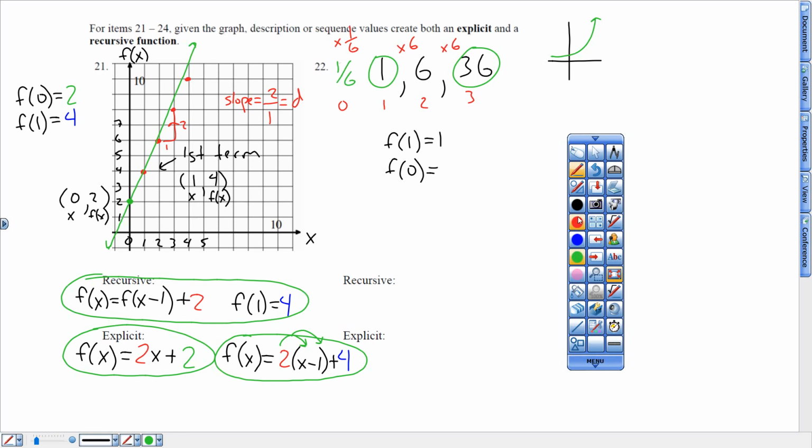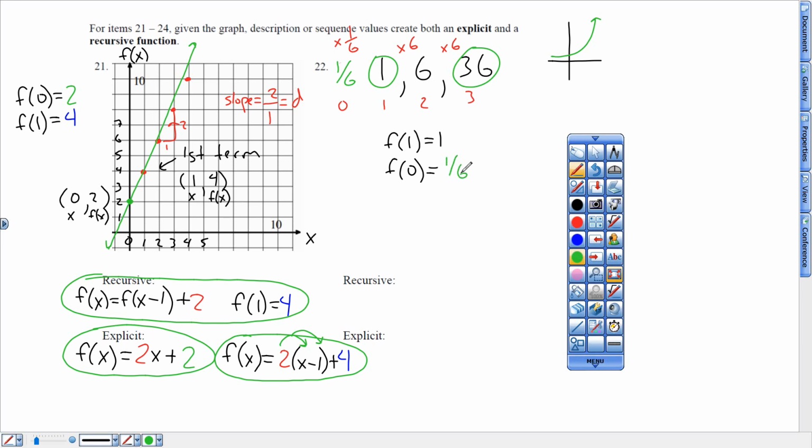If I was to keep backtracking to the negative 1 term, that 1/6 times another 1/6 will give me 1/36. You can see why these values get small. If I was to go to the negative 2 term, that 1/36, 6 times 36, I'm not quite sure. We'll leave that alone.